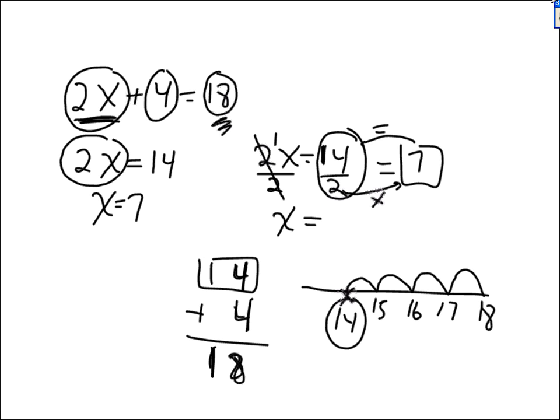So, in my opinion, you should ask yourself, 2 times what is 14? Answer 7. Sometimes it won't be on the 2 times table. We'll cover problems like that in a little while. But whenever you can do it as multiplication, go for it. You're much better at multiplication than you are at division.